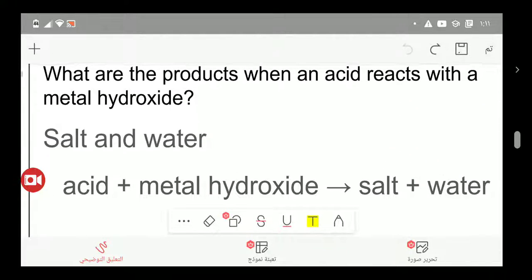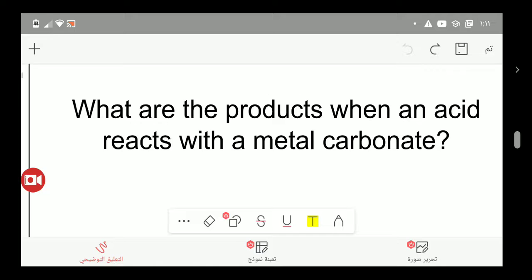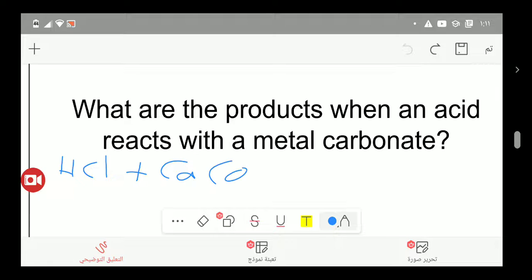Next question: what are the products when an acid reacts with a metal carbonate? Also it is very easy. You have to choose an acid such as HCl or H2SO4, any acid you want, plus a metal carbonate such as calcium carbonate, CaCO3.